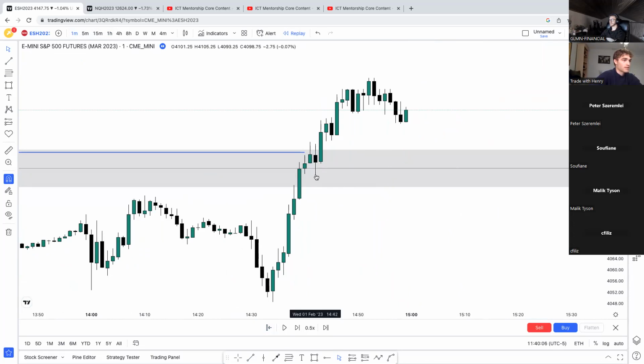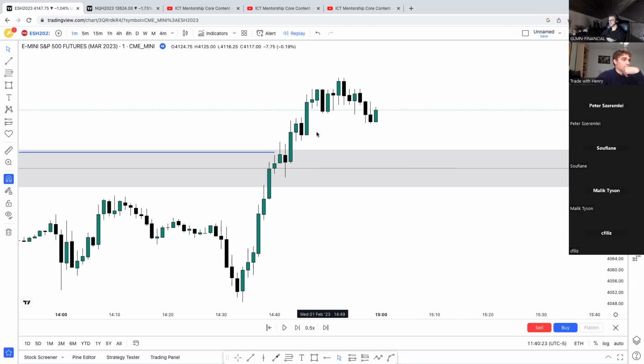This is an opportunity for anyone who was taking this short to mitigate their losses. If they took it short through here and then the trade's higher, they can mitigate their losses right here, and then we continue trading higher. So even on FOMC day, this was potentially an opportunity to buy right here at the mean threshold with your stop loss under the low.